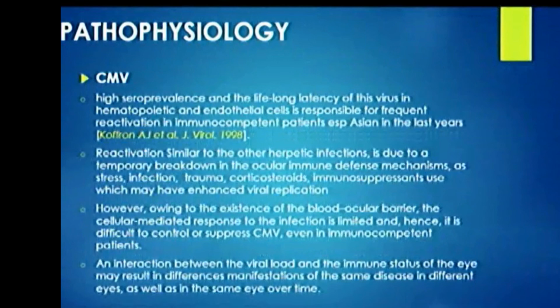You measure the specific immunoglobulin for this particular virus, and the total immunoglobulin. And the ratio is the specific immunoglobulin, for example for varicella zoster or CMV virus, in the aqueous, over the total immunoglobulin in the aqueous, divided by the specific immunoglobulin in the blood over the total immunoglobulin in the blood.